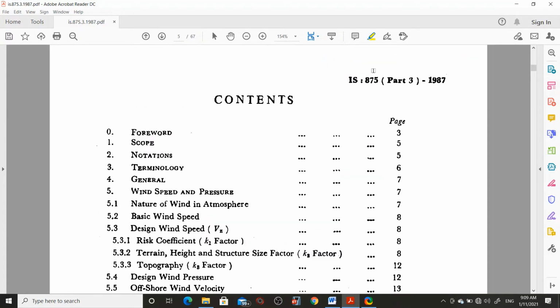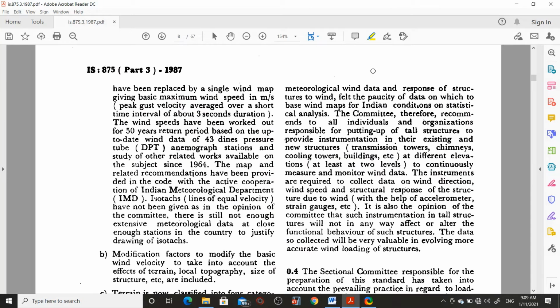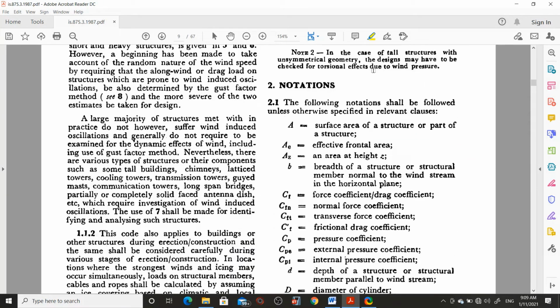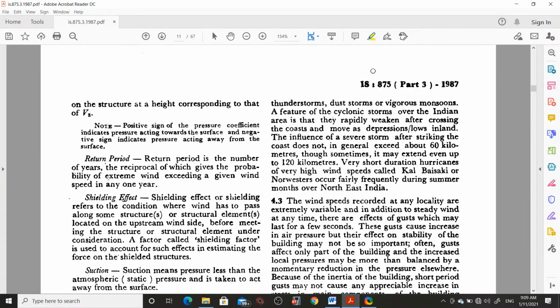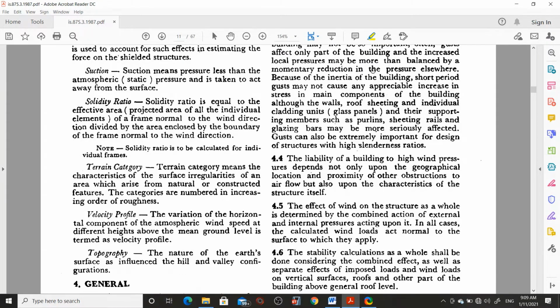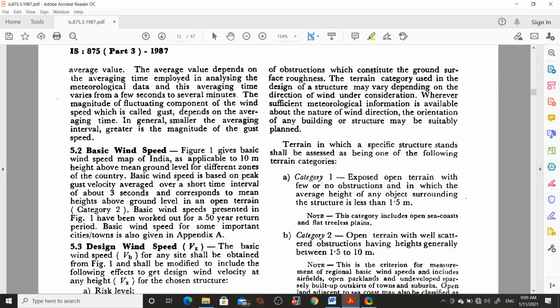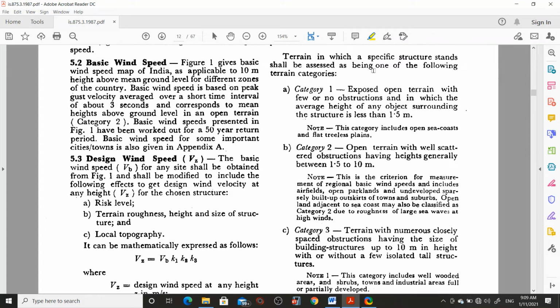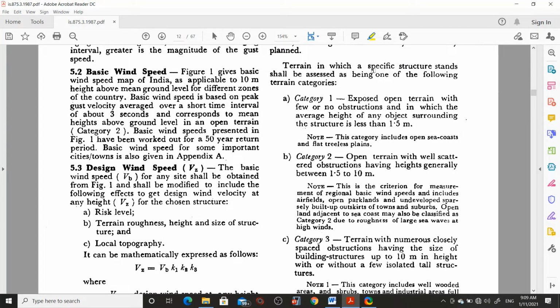Here's the content. Any other thing is not more important. Terminology: basic wind speed and design wind speed. We have two definitions here. First is basic wind speed. Here, wind speed map of India is applicable up to 10 meter height above mean ground level for different zones of the country.